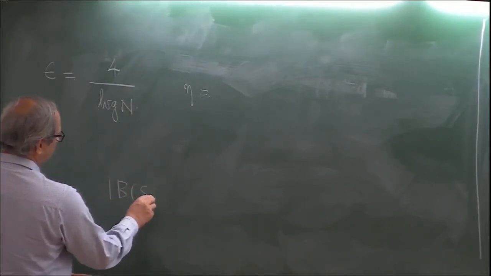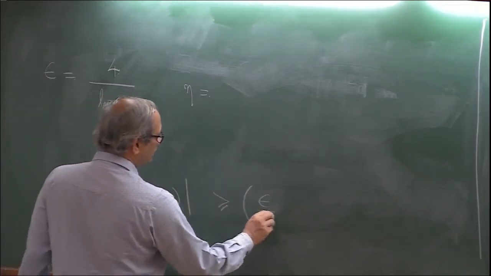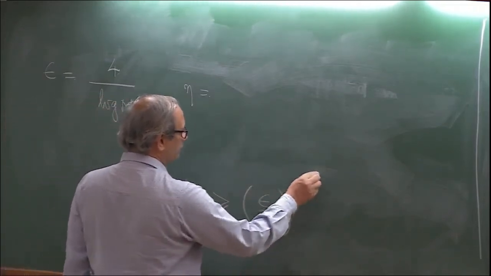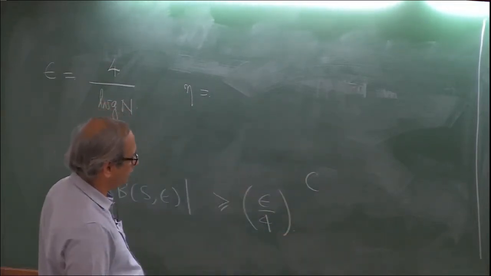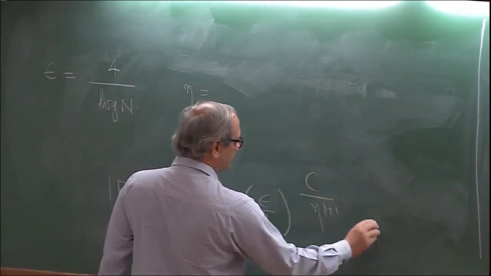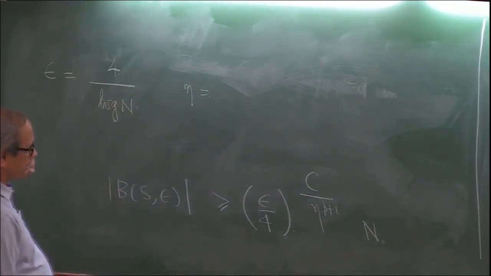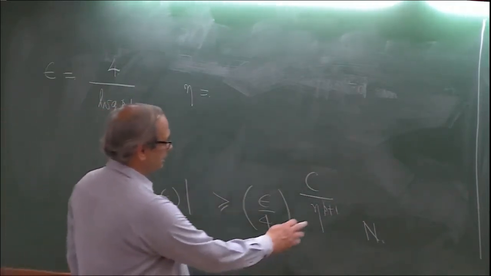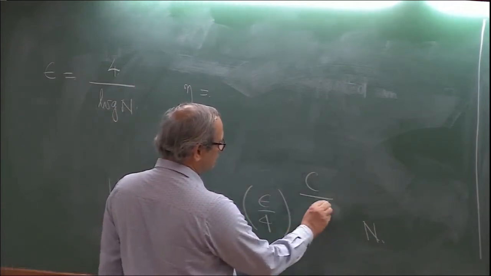So you have the Bohr set is bigger than epsilon by 4 to the power of some constant here, which I have called C3 earlier, I just call it C now, eta to the power p plus 1 times n. And here I already told you in the case of Roth's theorem, p is taken to be 2 because you only use Plancherel. So this is just eta cube.